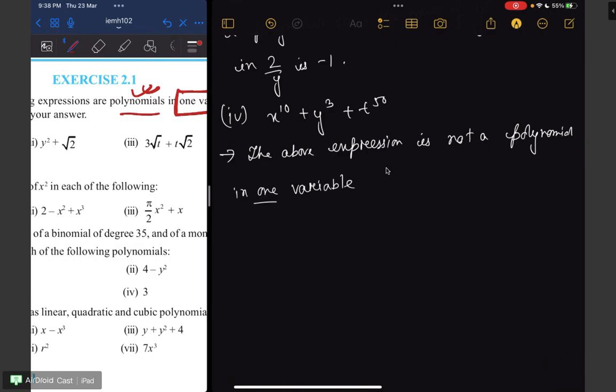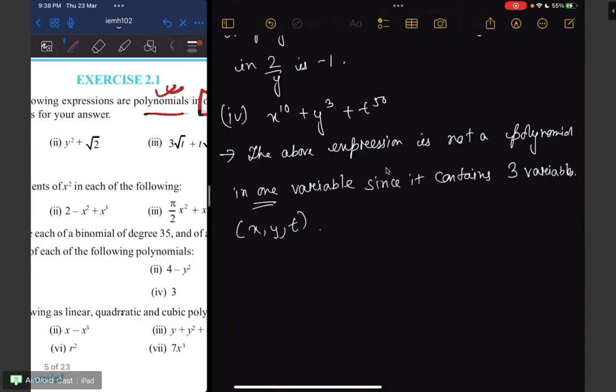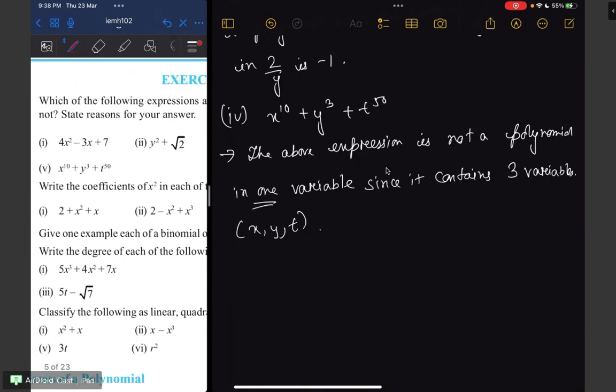This word one is very important since it contains how many variables? 3 variables. What are the variables? You can even mention it, x, y and t. Alright, therefore this is not a polynomial in one variable. So I hope question number 1 is clear. Let's go to question number 2.